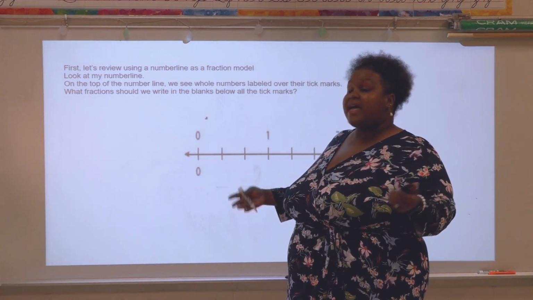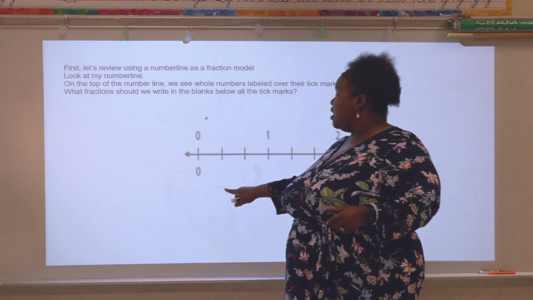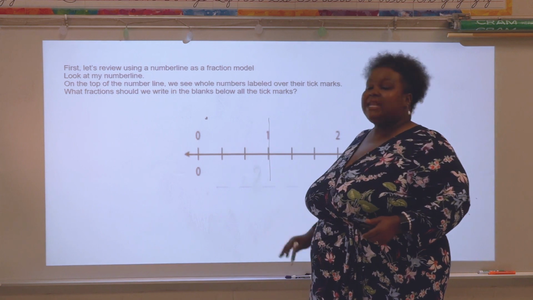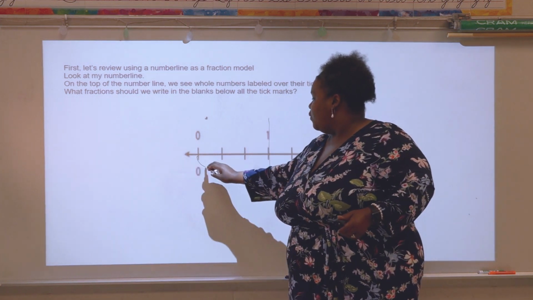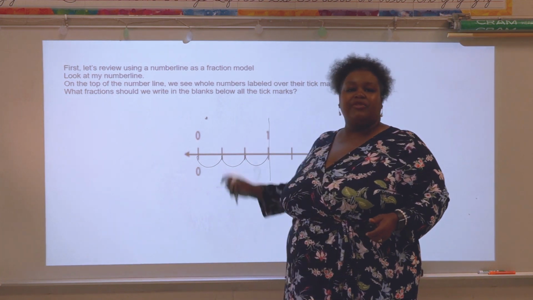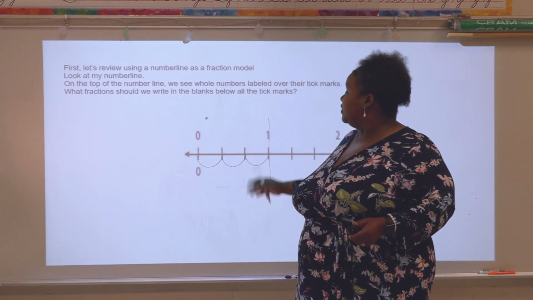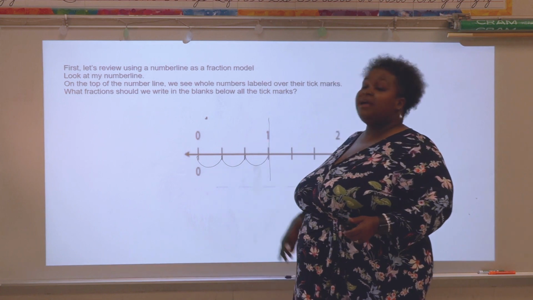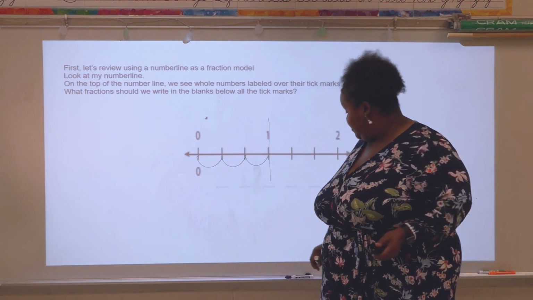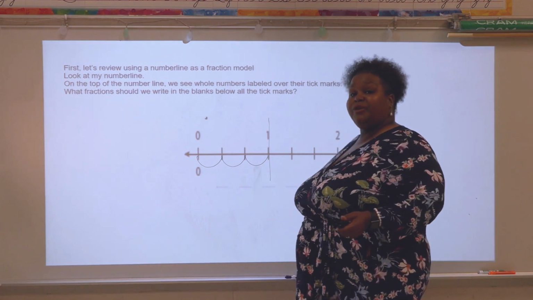I noticed that because I looked from the 0 to the 1, and I counted 1, 2, 3. There are 3 equal pieces on the number line between the 0 and the 1. So I know my number line is going to be thirds. So we're able to label our number line now.